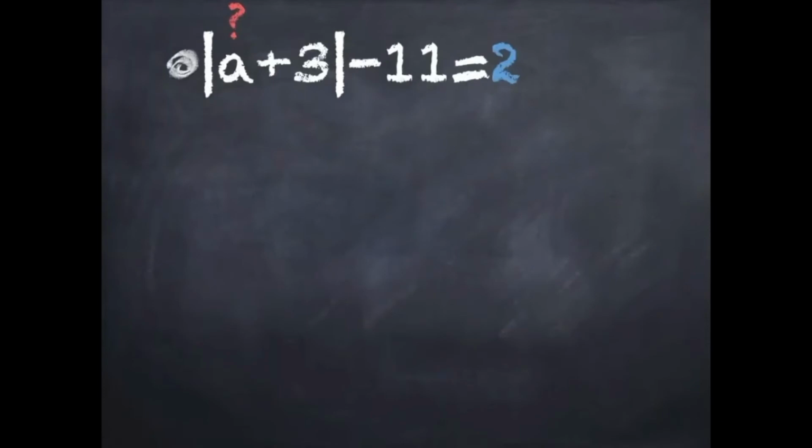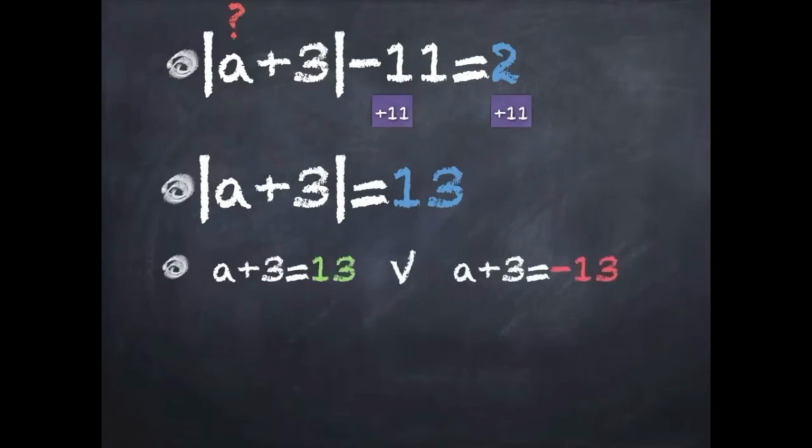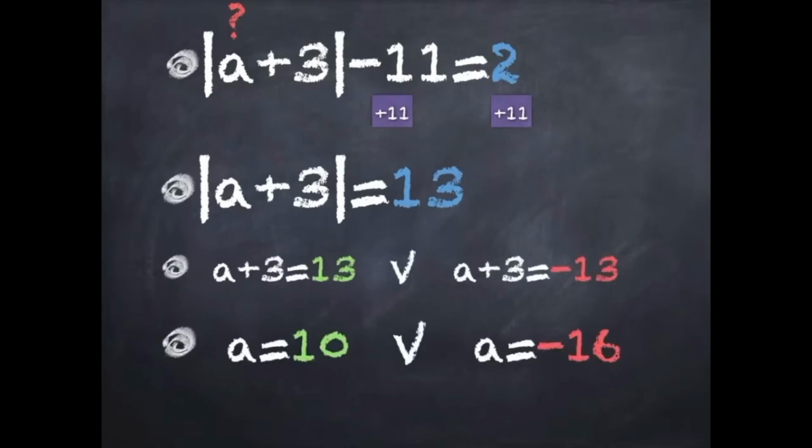This is another example. Isolate the absolute value on one side, so we have to add 11 to each side. Okay, and then simplify to get the absolute value on one side equals 13. Now use the definition, equals 13 or negative 13, and subtract 3 from each side to get your solutions.